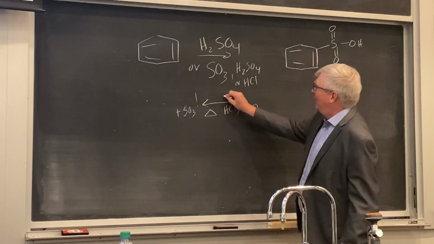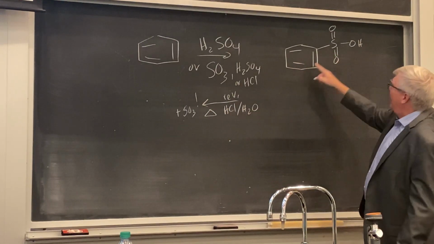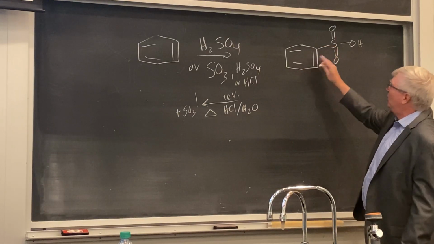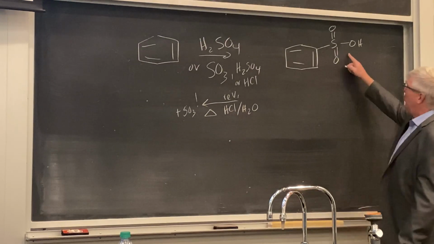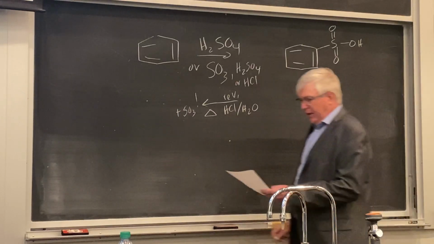It is reversible, okay? And sometimes we want to put on a sulfate group to activate maybe the meta position or to block an ortho or para position. We'll see in disubstitution why sulfonation can be important. But there's a lot of applications of aromatic sulfonic acid. So how are we going to do this?